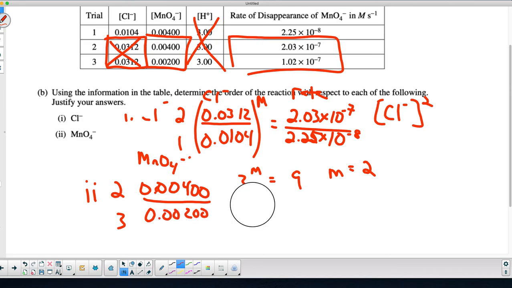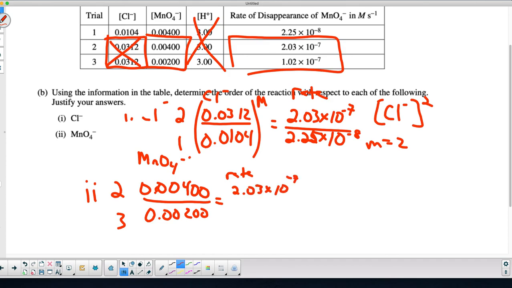I'm going to have to erase some of this here. And let's take a look at what the rate is then. So for the rate, I have 2.03 times 10 to the negative 7th, like this. And I divide that by 1.02 times 10 to the negative 7th.